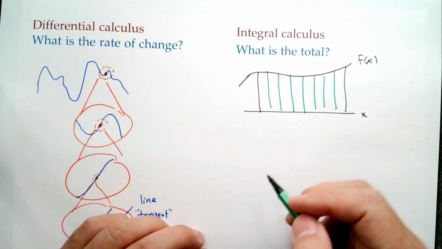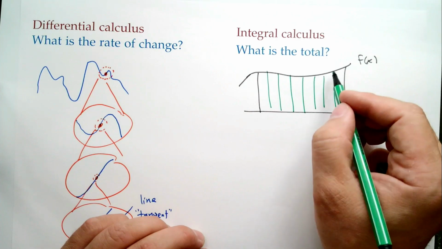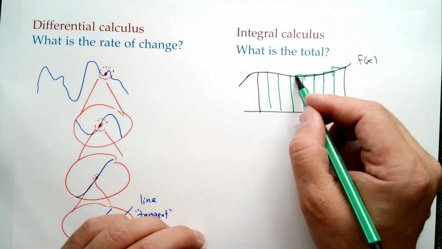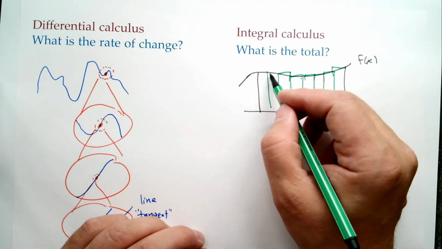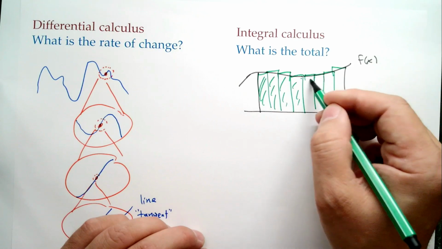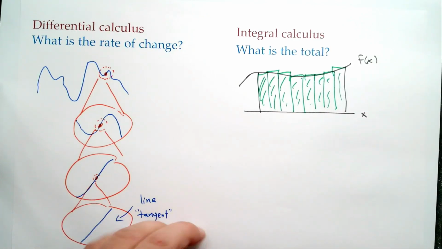We chop it up into little tiny pieces, and for each piece I can approximate this part by a rectangle. Now I can get a good approximation for the total underneath by looking at these rectangles. Of course, it's an approximation. How do you get better?